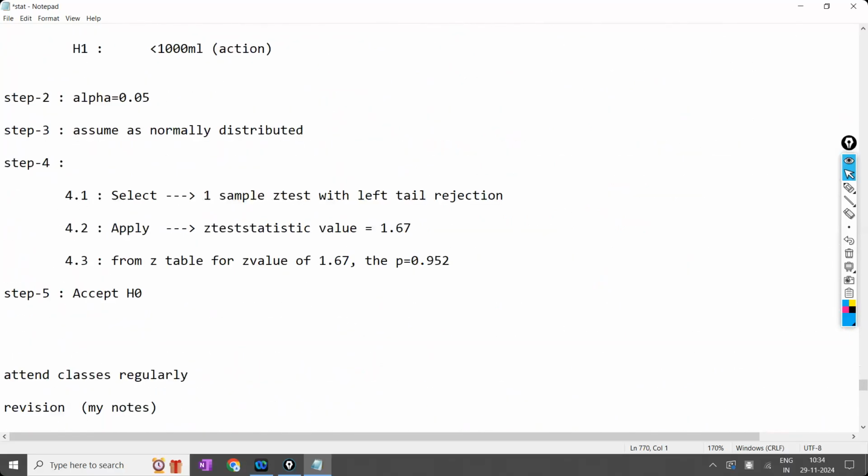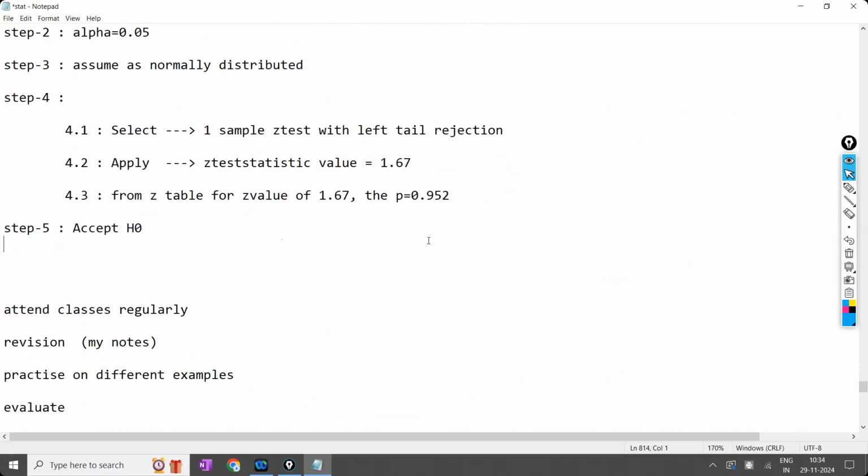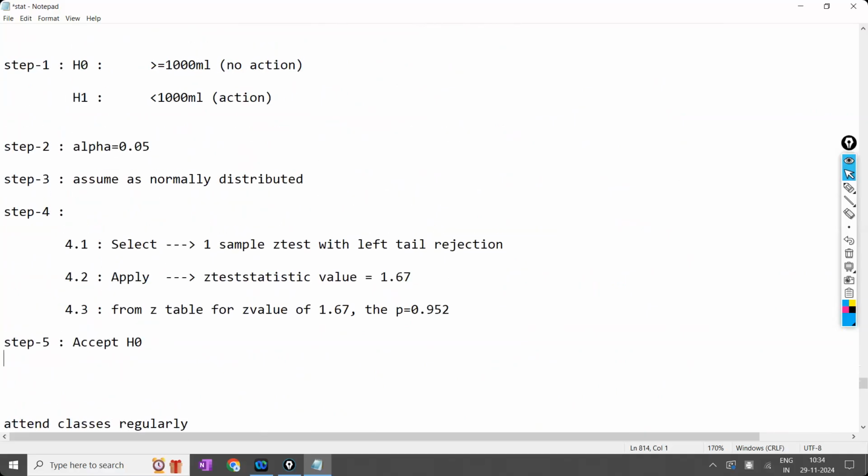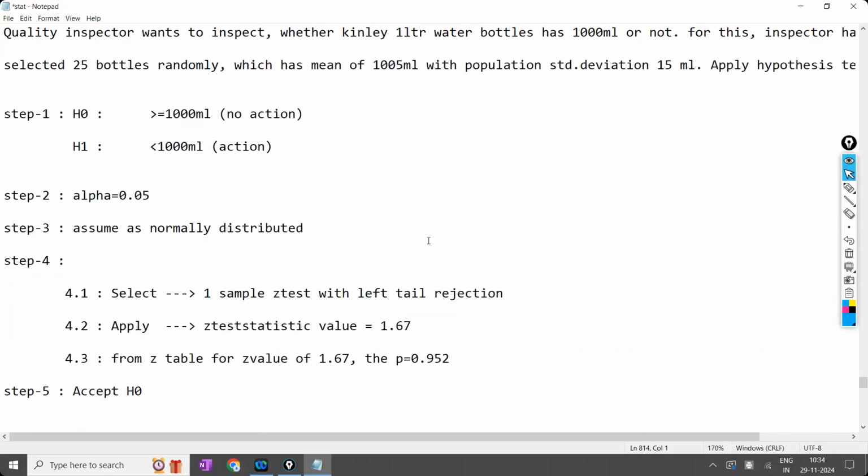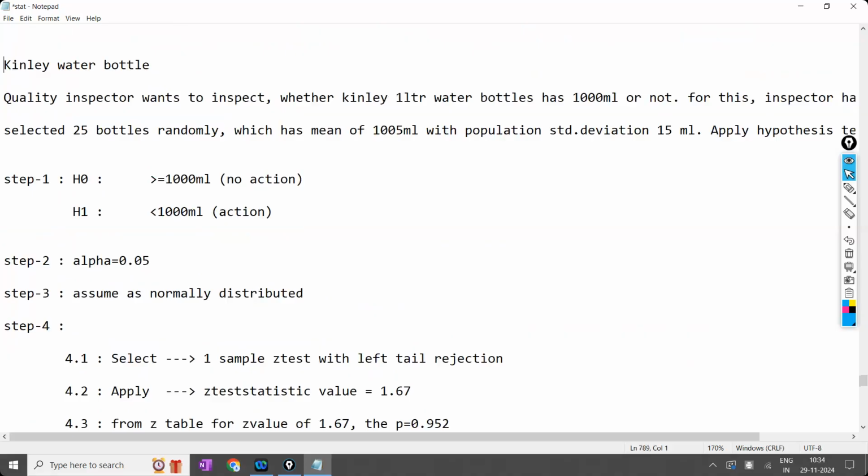Okay, now what is the question? You are having the Kinley water bottle. Question number 1, take it like this. A quality inspector wants to inspect whether Kinley 1 liter water bottles have 1000 ml or not.